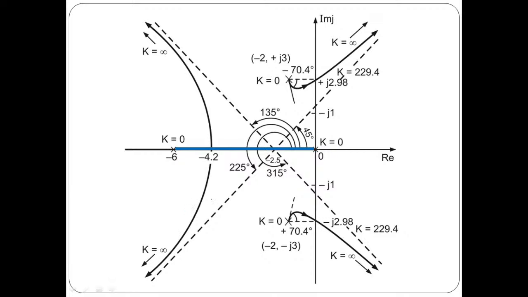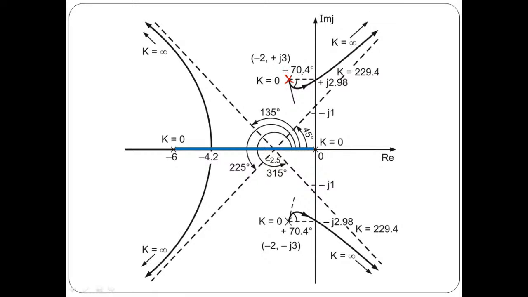Based on this, this is the final structure for the root locus for this particular system. Now see here, this is nothing but the pole where we indicate the angle of departure.